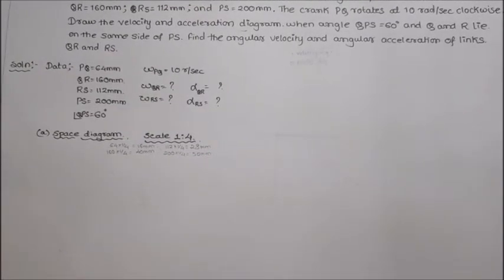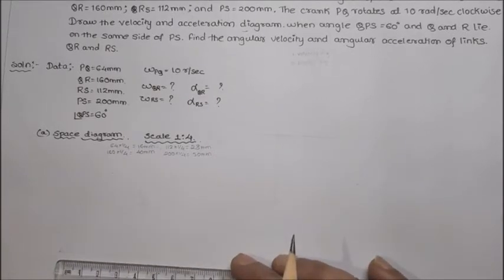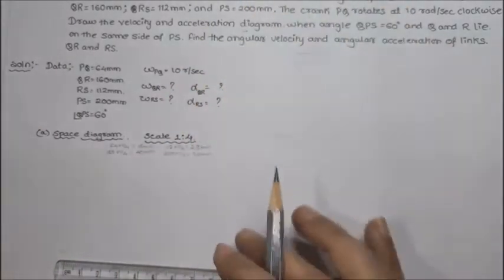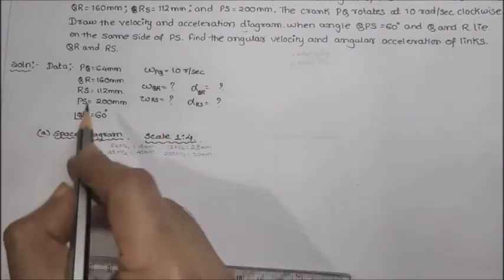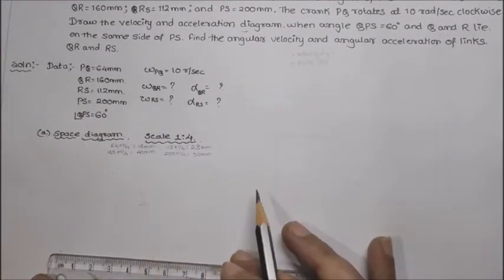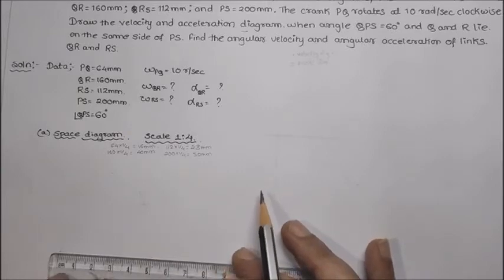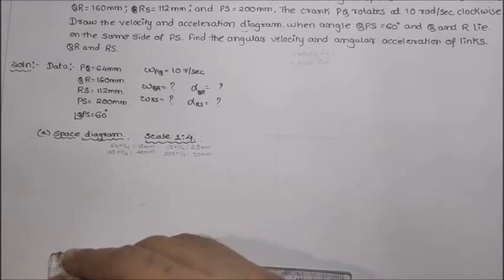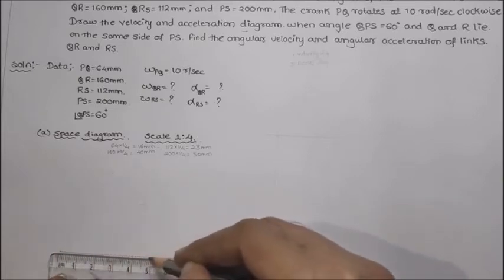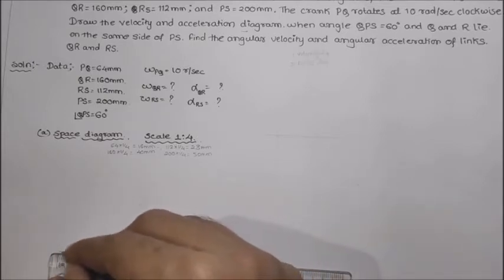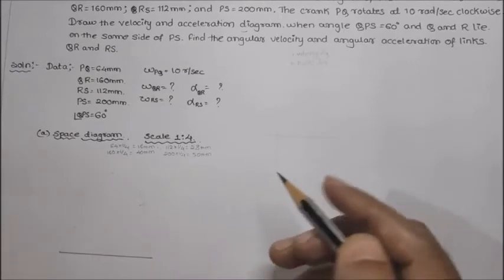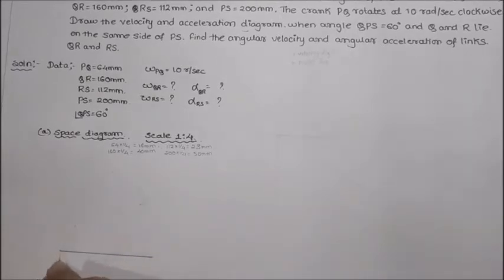As usual we are going to draw the space diagram at a convenient point. First, PS is the fixed link. PS value is 200, which is 50 mm. Let's draw a horizontal line equal to 50 mm and label that as points P and S. This is the fixed link.